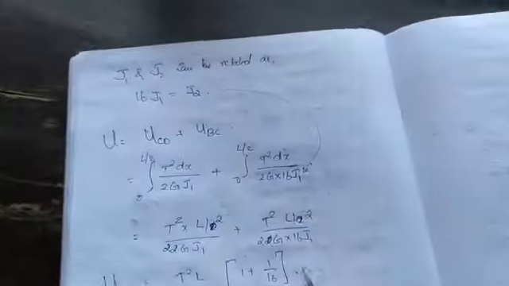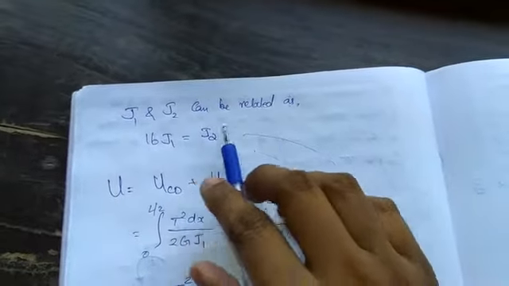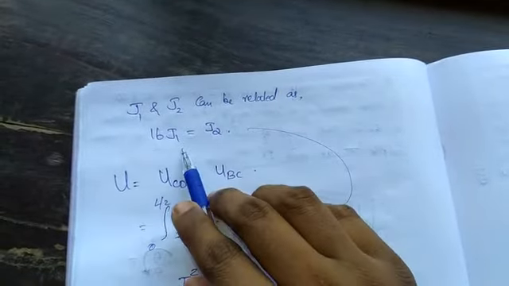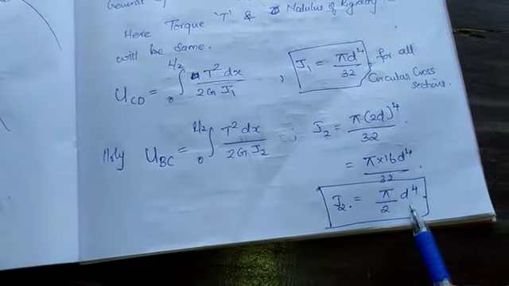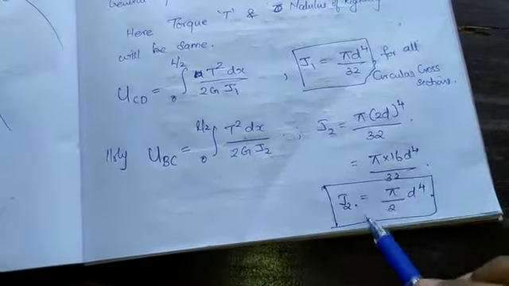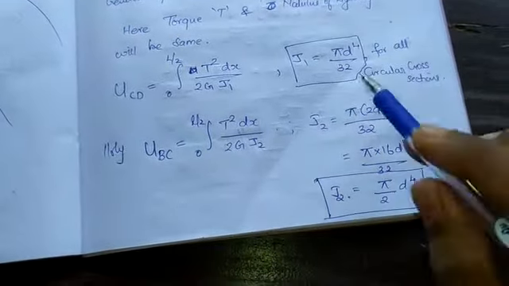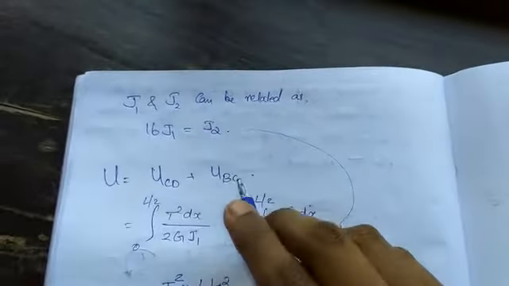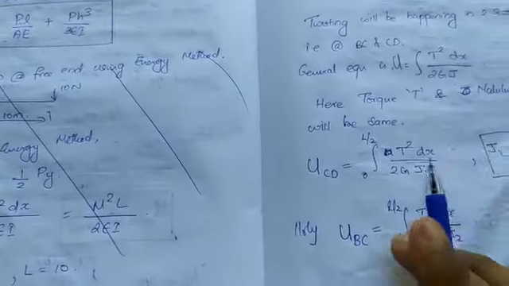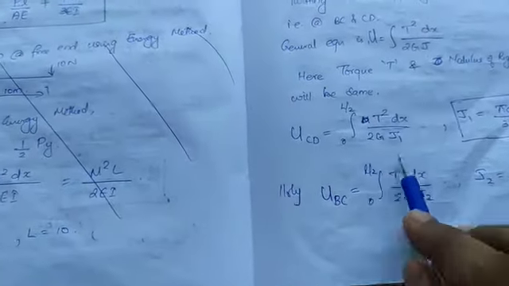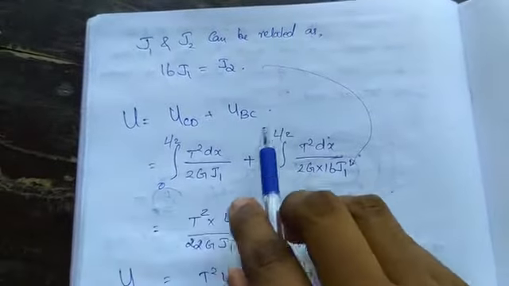So J1 and J2 can be related as 16 J1 is equal to J2, because J1 is pi d raised to 4 by 32, and J2 is pi by 2 into d raised to 4. So in order to make these two the same, you need to multiply by 16. Substituting in this equation, the total strain energy will be UCD plus UBC.